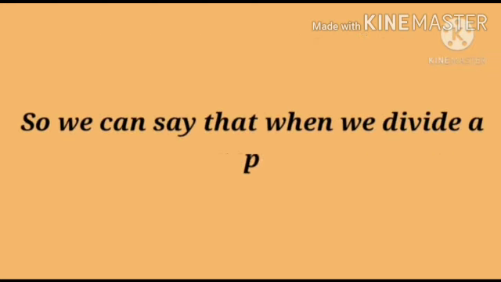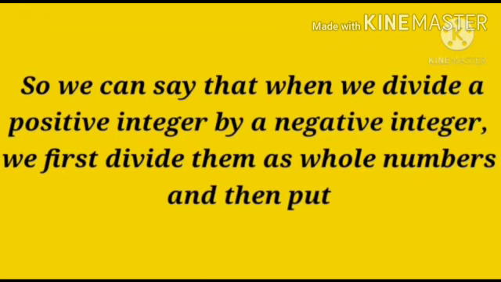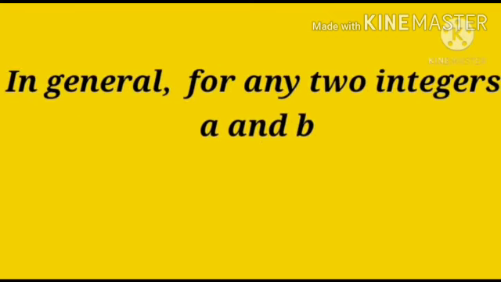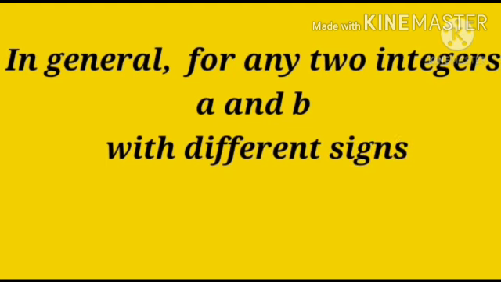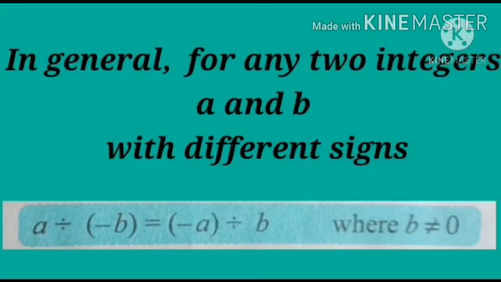So we can say that when we divide a positive integer by a negative integer, we first divide them as whole numbers and then put a minus sign before the quotient. In general, for any two integers a and b with different signs, a divided by minus b is equal to minus a divided by b, where b is not equal to 0.